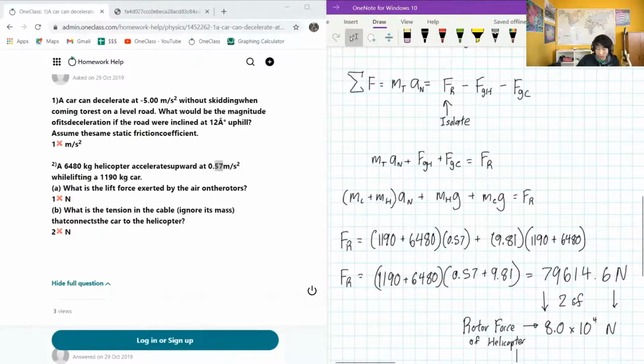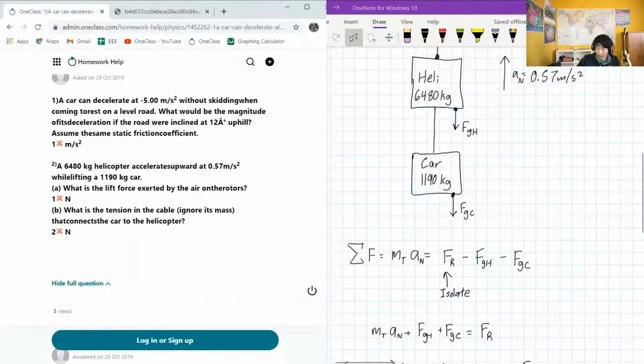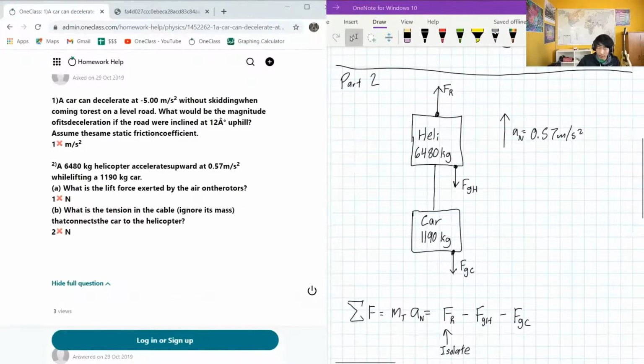Okay, so that was the first part of the question: what is the lift force from the rotors? We got that calculation. The next thing that we need to consider is the tension in the cable, assuming that the cable itself has no mass, which is almost never true, but we can assume that. To do this, we want to look at the car on its own. So here we have the car.